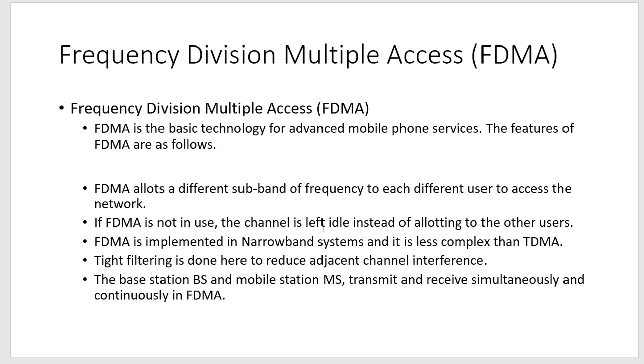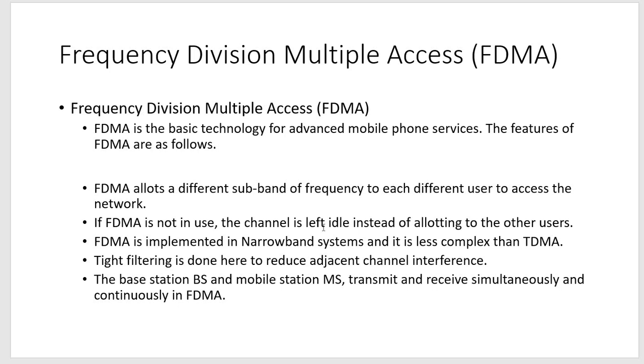In this FDMA, a different subband of frequency is given to each different user to access the network. If FDMA is not in use, the channel is left idle instead of being allocated to other users. So this is one of the disadvantages of this frequency division multiple access.